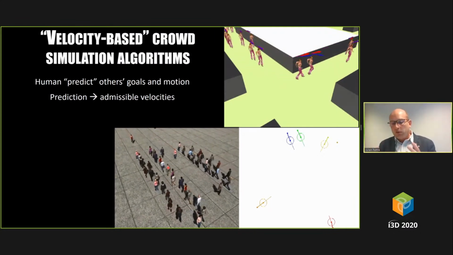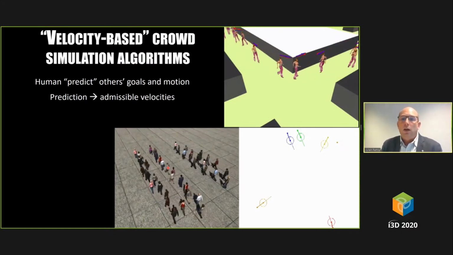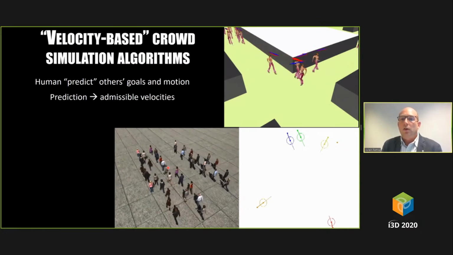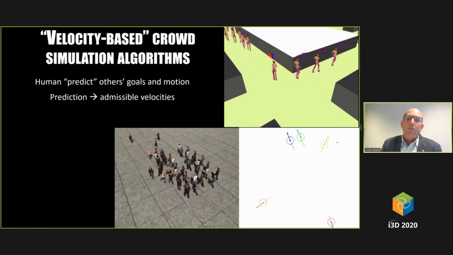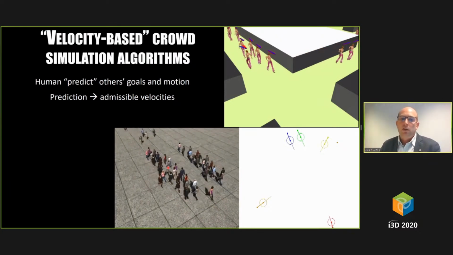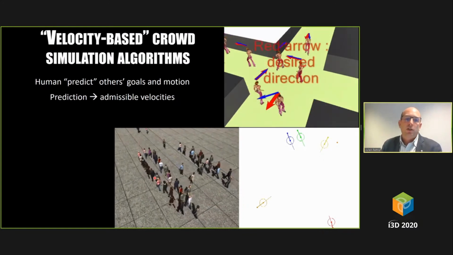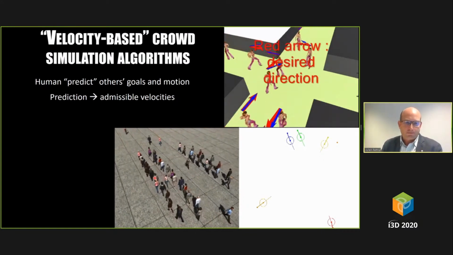So you can explore many sorts of local interactions of different types by just setting admissible velocities in different ways, and all this reasoning happens in the velocity space to achieve agent motion.